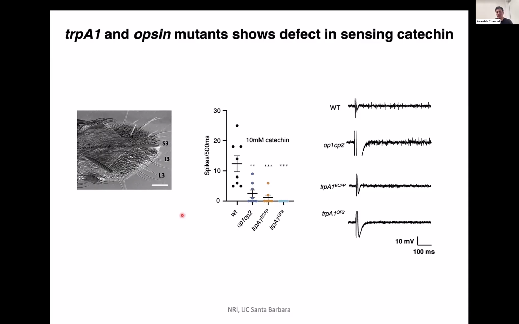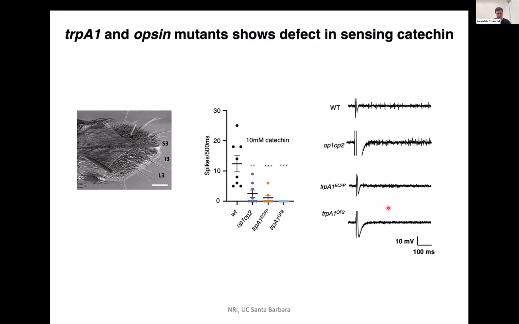And we found that the response to catechin in the wild type is diminished in the OP1, OP2 double mutant, but this response to catechin is totally gone in the TRPA1 mutant lines, that is, the two independent lines that we have analyzed for our behavior. So this is the direct evidence that both these proteins, opsins as well as TRPA1, are involved in sensing catechin, and loss of these proteins from mosquito gustatory structures leads to loss of sensitivity to this bitter chemical, catechin.